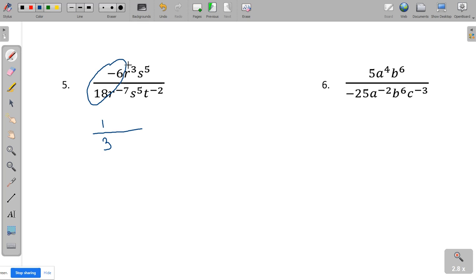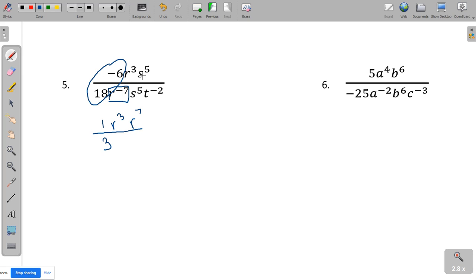Now let's look at our r's. We have r to the 3rd and r to the negative 7th. Let's bring down our r to the 3rd, and then we have this negative exponent here. Bring him up. So we get r to the positive 7. Because it's in the bottom, we bring him to the top.